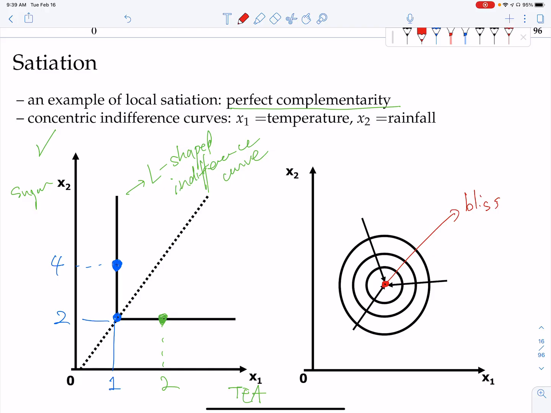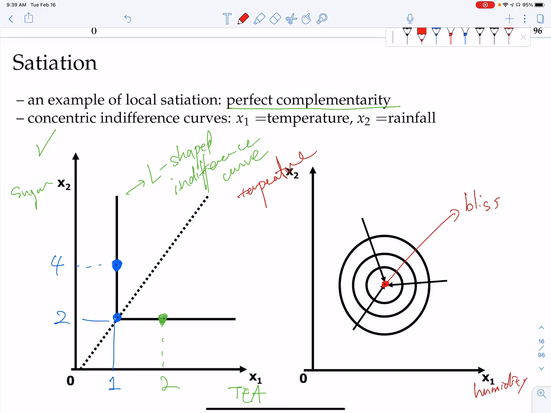So what will be an example of this kind of indifference curve? So you can think of x1 as, say, humidity and x2 as temperature. So you can think of the humidity or the temperature as a consumption.